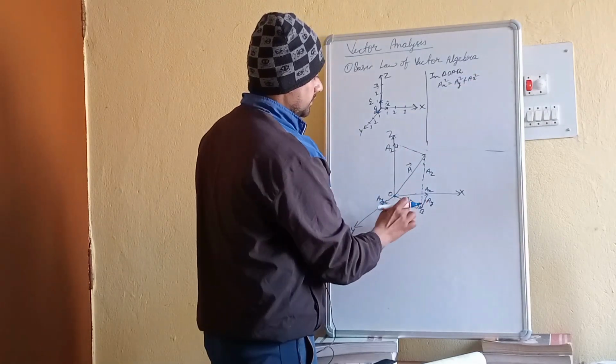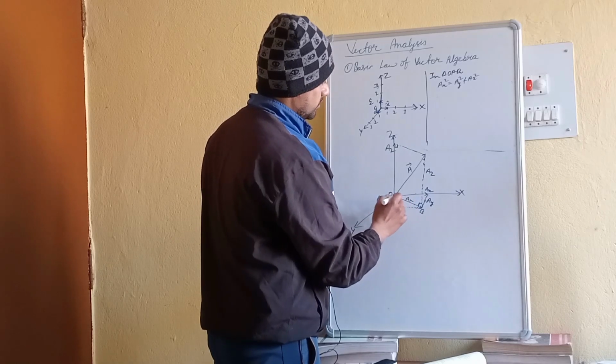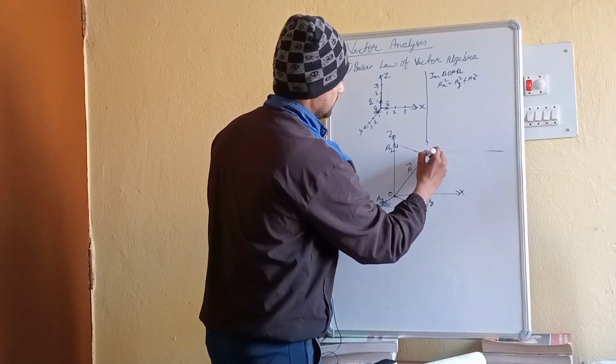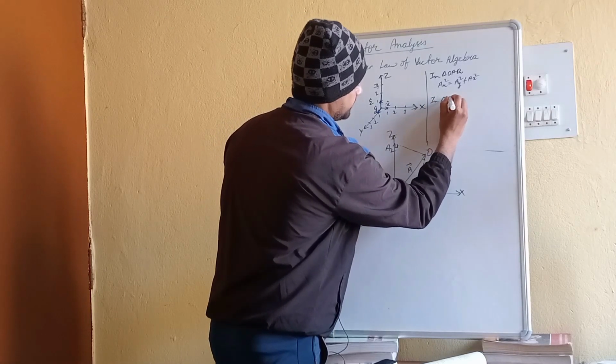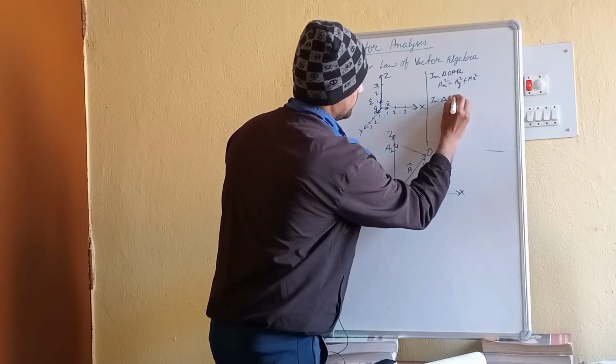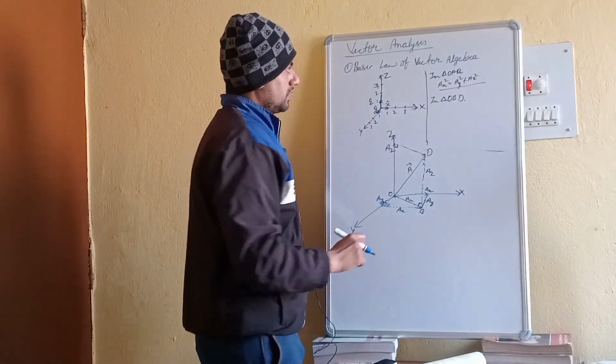Then after, now we are going to take triangle OBD. In triangle OBD, you can see here I'm using the Pythagoras theorem.